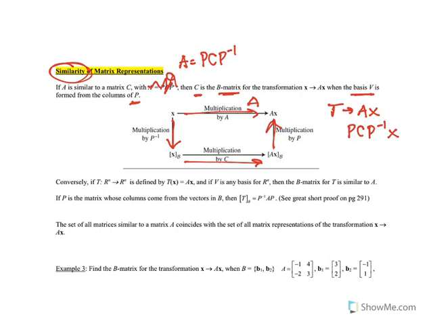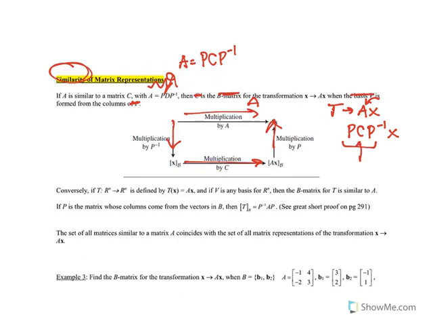Okay, so why do we want this? This is going to give us this understanding that we can represent A in kind of a factored way. It gives us the ability to represent that transformation matrix A in a whole different number of ways, as long as I have a matrix that is similar to A, which I can put here, and I have a basis for the vector space I am going in.